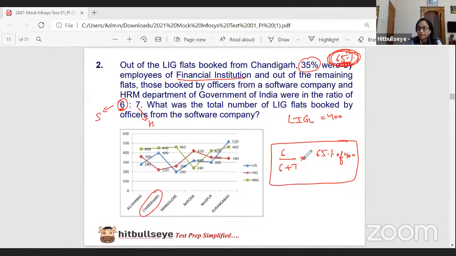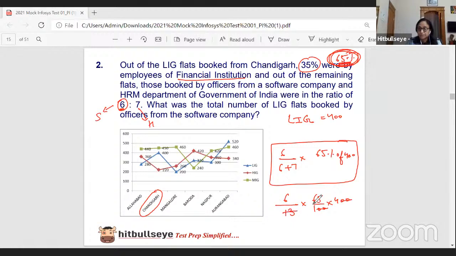The logic is already applied. Okay, so I repeat, 6 is the number that is corresponding to the ratio. The sum of the two ratios is going to be 6 plus 7, that is 13, multiplied with 65% of 400. Okay, so 65% of 400. And it's a very simple calculation, which is quickly giving me the answer as 120. Are you all getting the answer as 120?